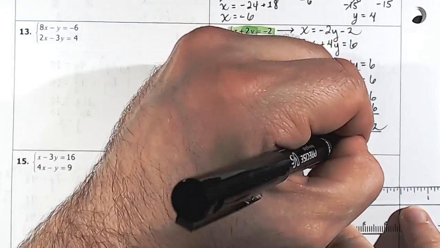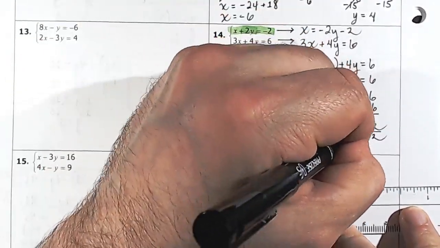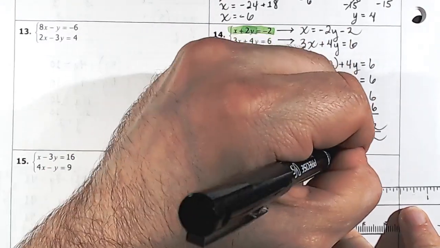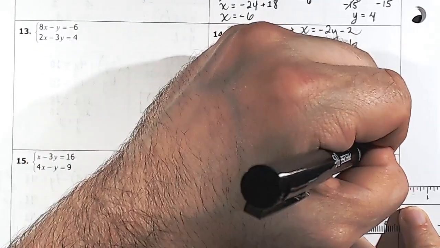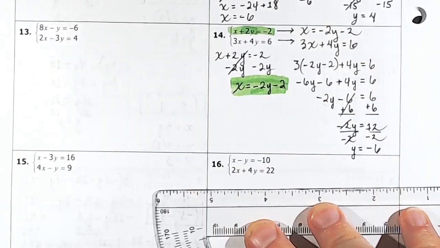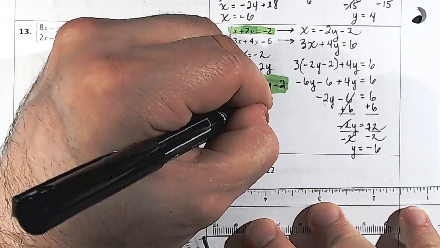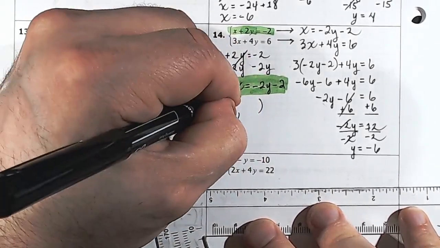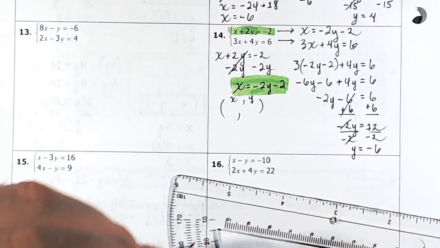Divide both sides by negative 2. The negative 2's cancel on the left, and I have y equals 12 divided by negative 2, which is negative 6. So if I'm looking at my system, my solution, which will consist of an x and a y coordinate, I've got the y coordinate, it's negative 6.